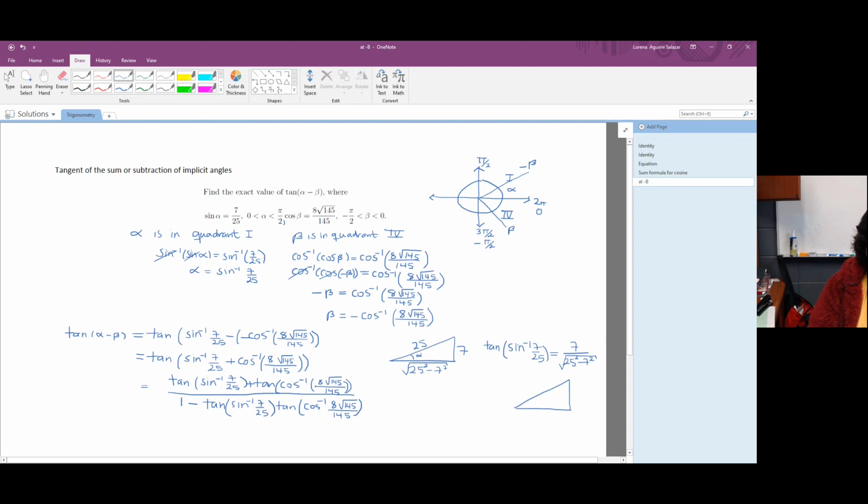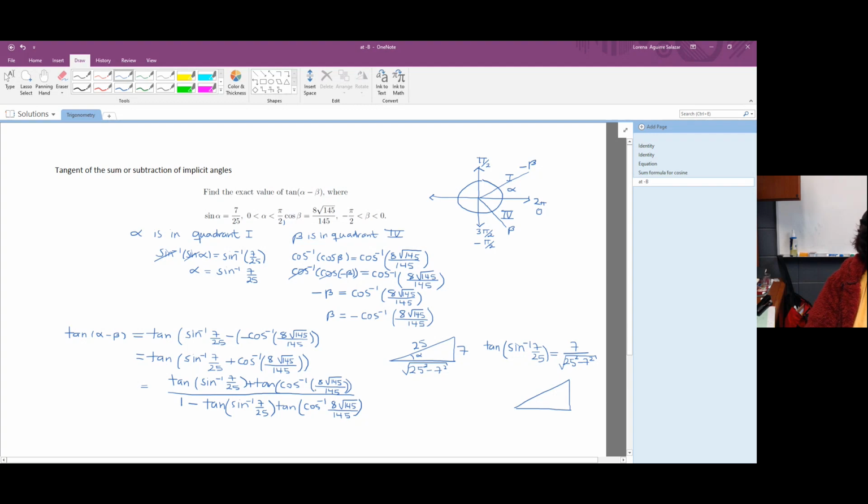The inverse cosine of this positive quantity is negative beta. Remember that we had to go with negative beta to use the inverse cosine function here. When we apply the inverse cosine function, we have to use minus beta. And minus beta is in the first quadrant, so the tangent of the inverse cosine of this is positive.